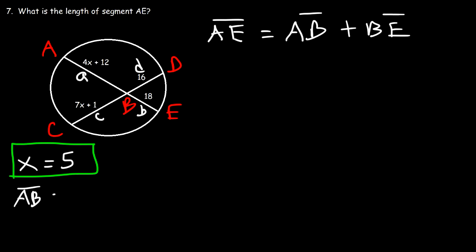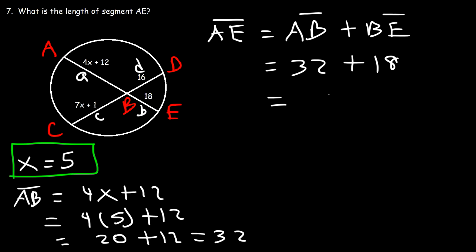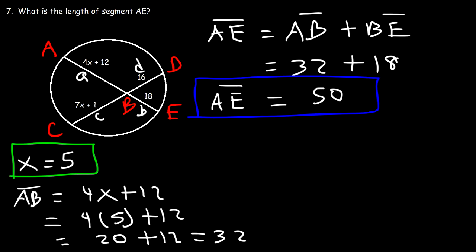So AB is 4x plus 12, and x is equal to 5. And 4 times 5 is 20, and 20 plus 12 is 32. So AB is 32, BE is 18, and so AE is equal to 50. And so that's the final answer for this problem. Hopefully you got it right.